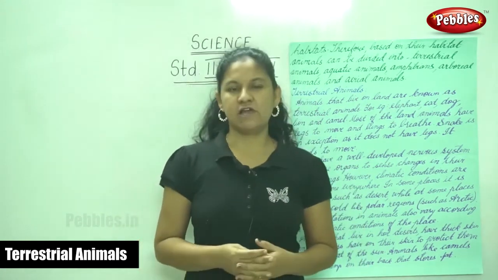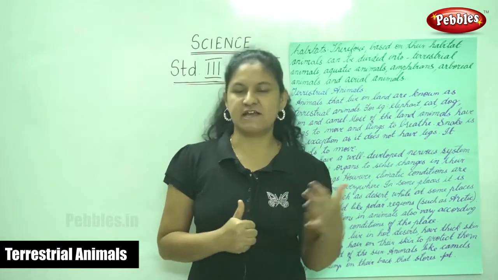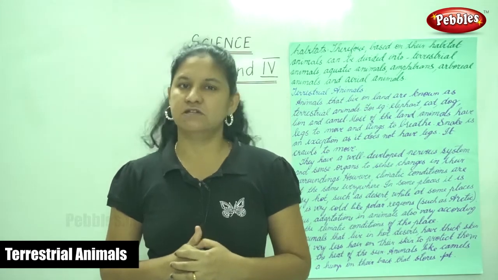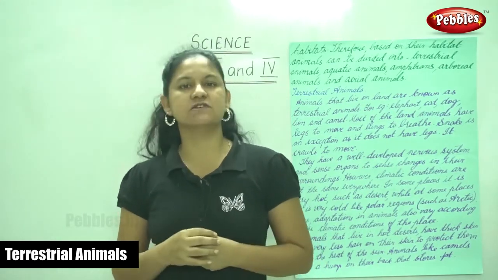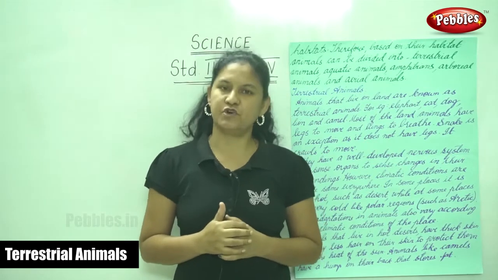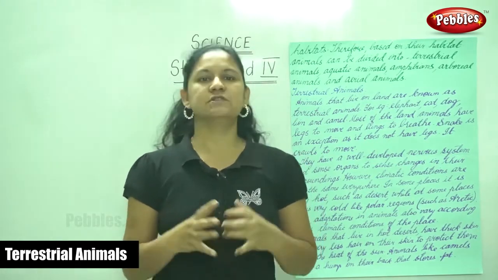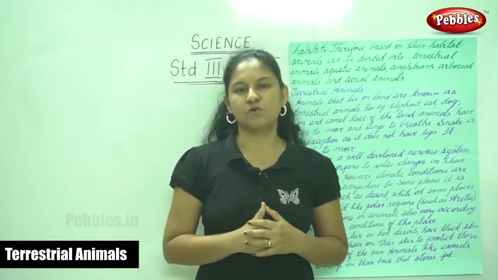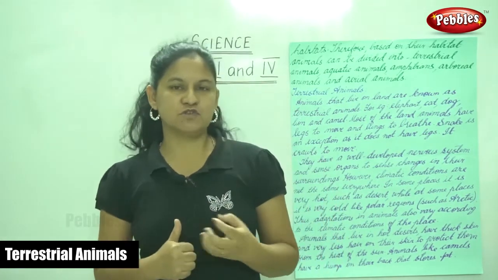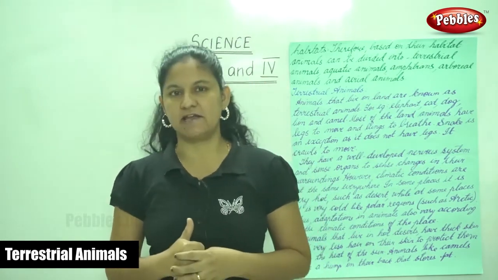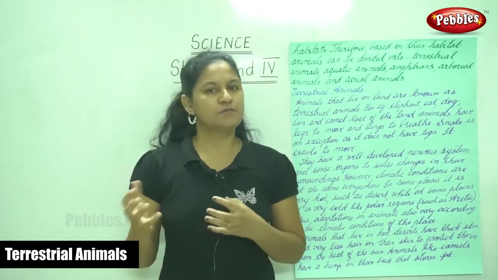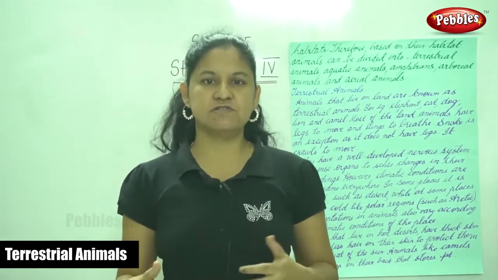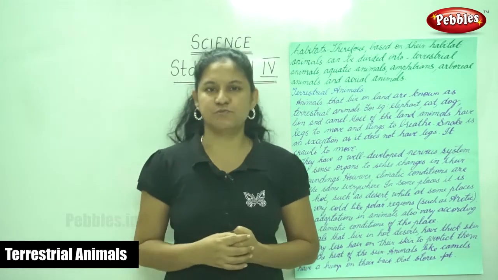So we are talking about the science for standards 3 and 4, and we have seen about the plants and its uses not only for humans but for animals as well, and how the plant prepares its own food, that is, the leaves prepare their own food by absorbing carbon dioxide and sunlight, and the plants breathe in carbon dioxide and give out oxygen that is used by humans and animals to breathe in.